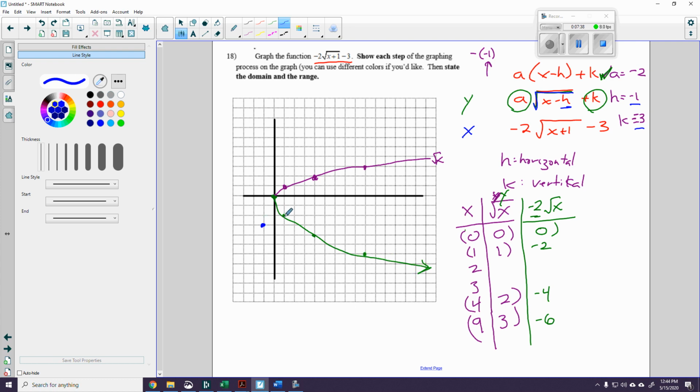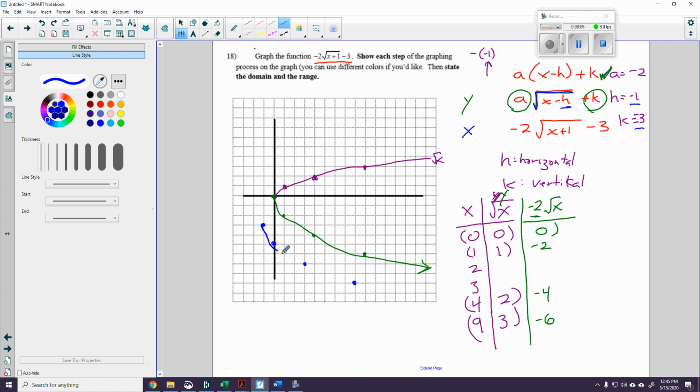I'll take this point, move it to the left 1 and down 3. That's another point in my transformation. This point here to the left 1, down 3. And this point here to the left 1, down 3. So my final graph with H and K is going to look like this.